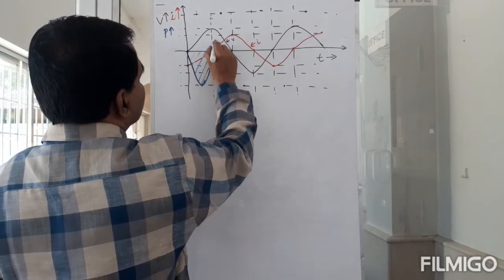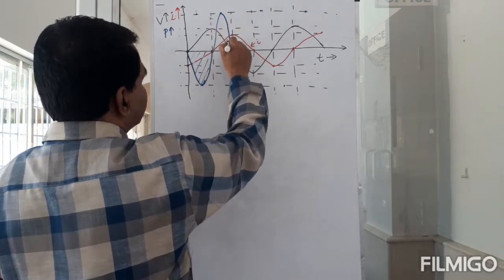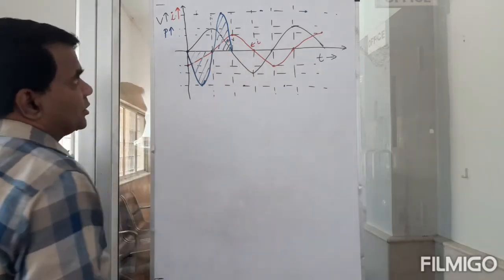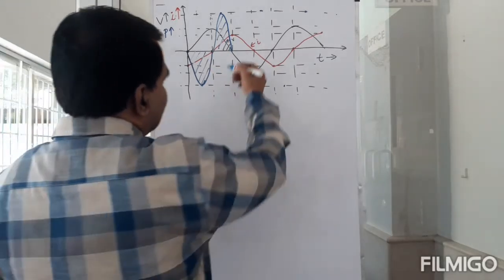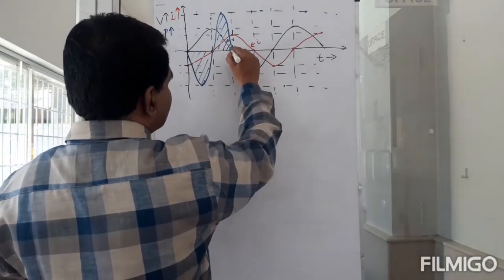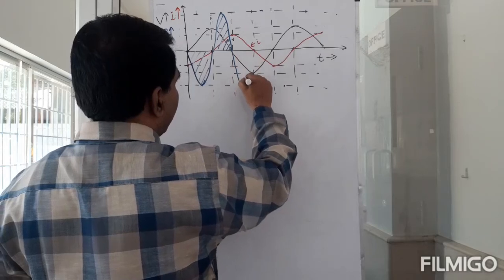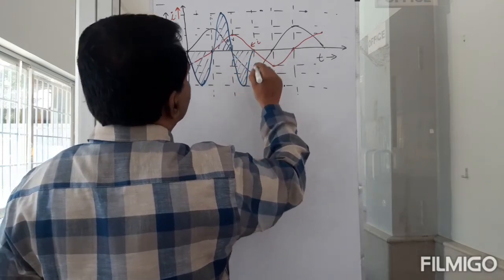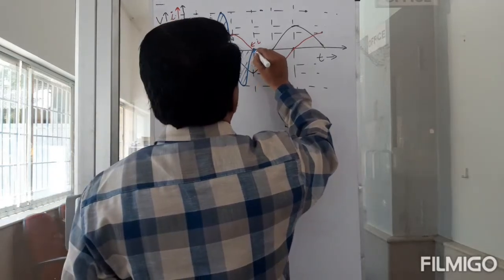So you see a graph like this, the power graph. Something like this. And the same logic holds good here.